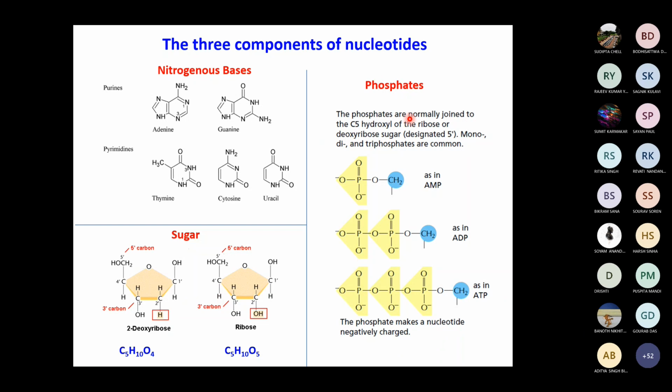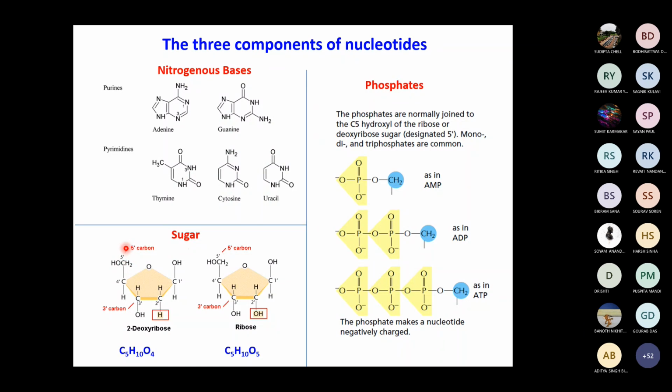Now looking at the phosphates, they are normally joined to which carbon? The 5' hydroxyl of the sugar, ribose or deoxyribose. Numbering the carbons, you can see 1, 2, 3, 4 and this is 5. So this is the 5th carbon atom. To this the phosphate gets joined.